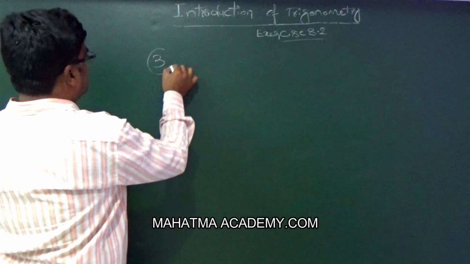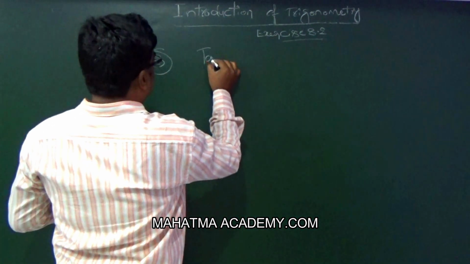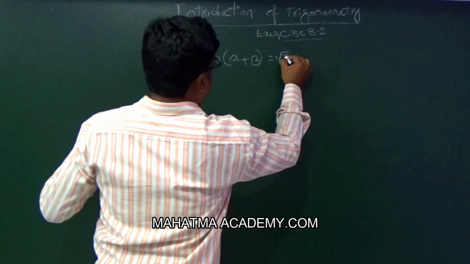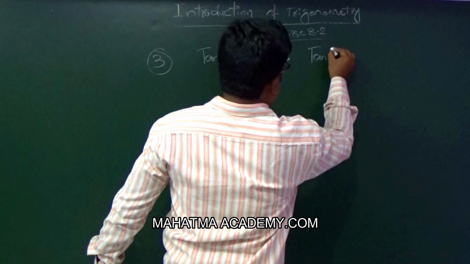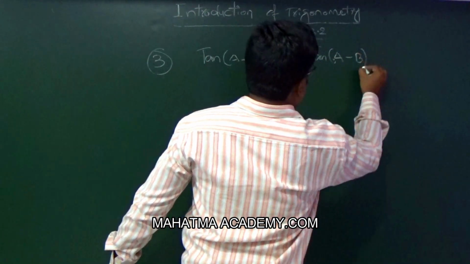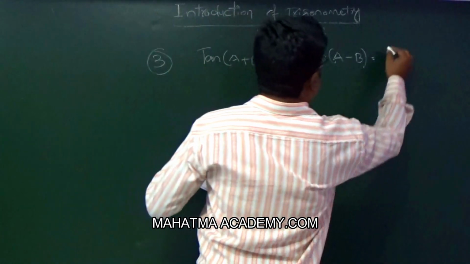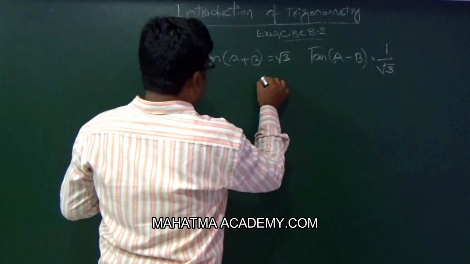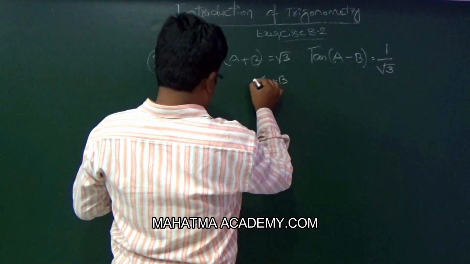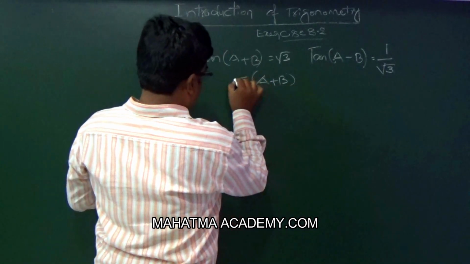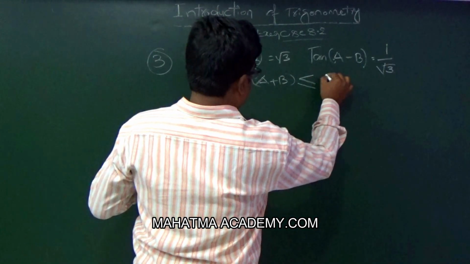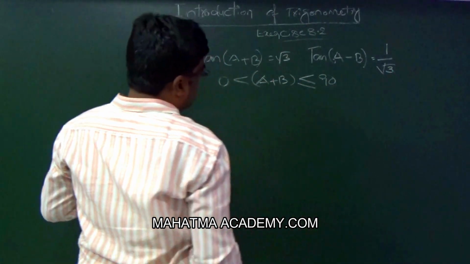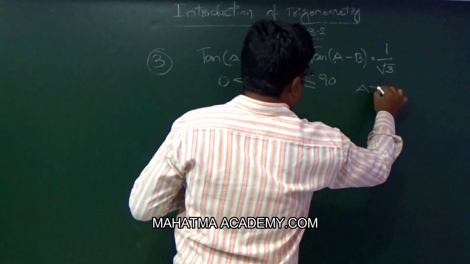The third problem is: if tan(a plus b) equals root 3 and tan(a minus b) equals 1 upon root 3, and the conditions are a plus b is greater than 0 and less than or equal to 90, and a is greater than b.